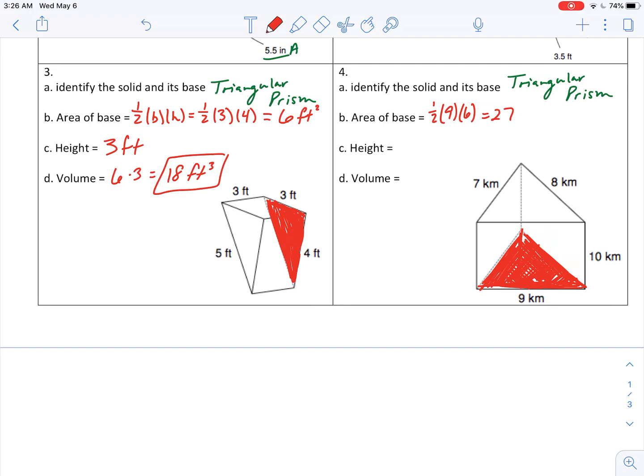Well, I would measure over here at 10 kilometers. So my volume, area of the base, 27 times the height of 10. 27 times 10 is 270 cubic kilometers.